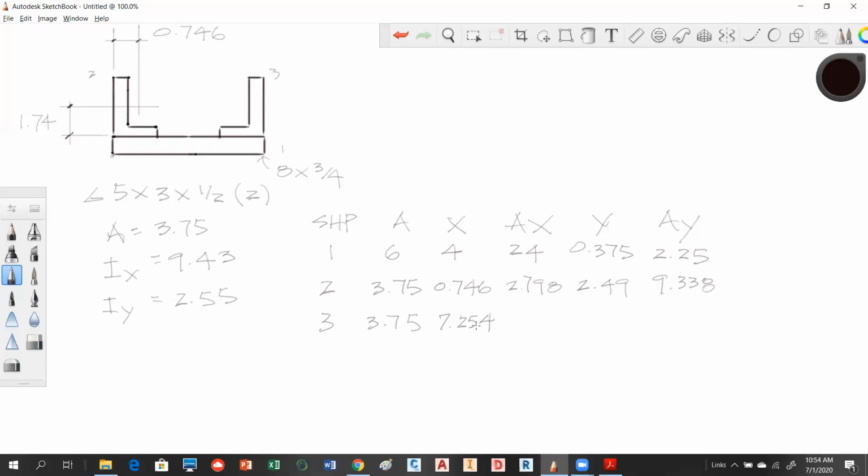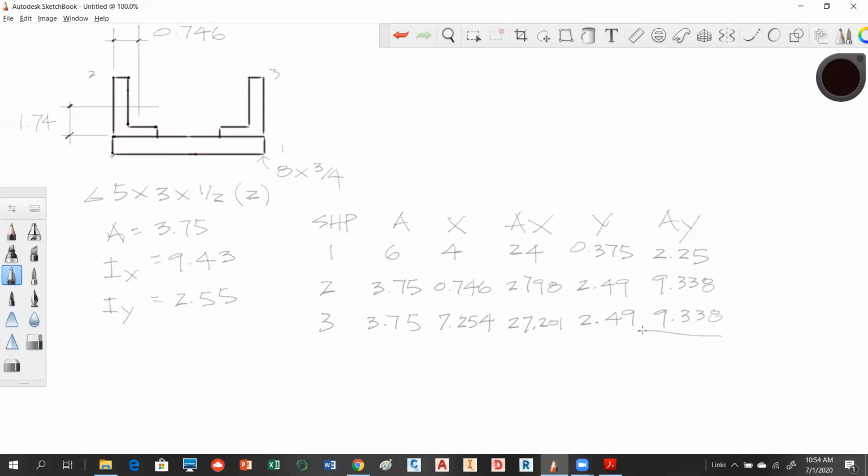AX is going to be X times A, and that gives you 27.201. Y is going to be exactly the same distance as it was over here, so we're just going to copy this down, 2.49. Multiply the Y times the A, and that gives us the same number, 9.338.